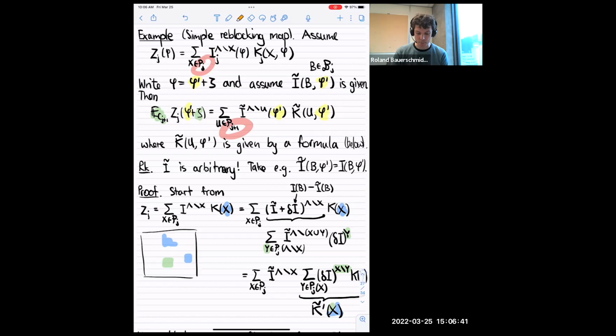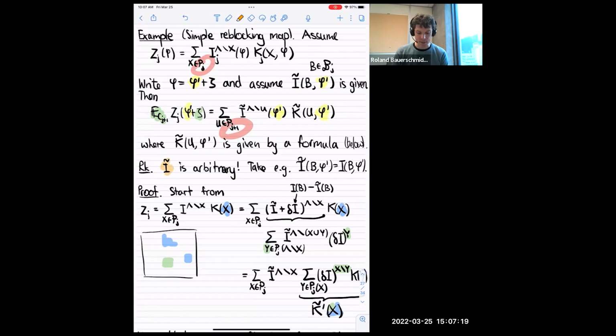So here, just denoted by tildes, that are defined on blocks of scale j plus 1 rather than j, and that preserve the partition function in the sense that if we take the expectation of the partition function Zj, we'll obtain a representation of the partition function at the next scale this way. So this simple example of the reblocking map had some deficiencies. One was that we were in fact allowed to pick the new potential, which is given by this I tilde.